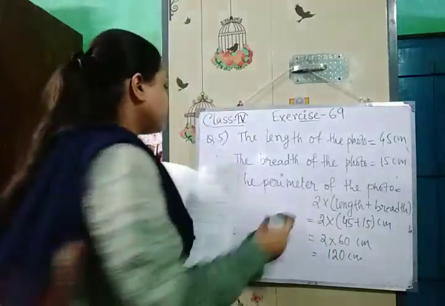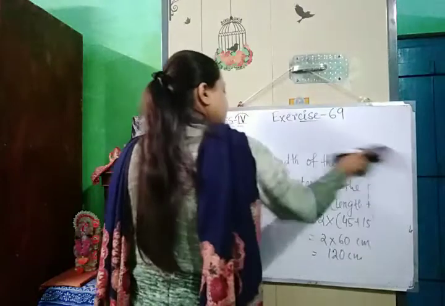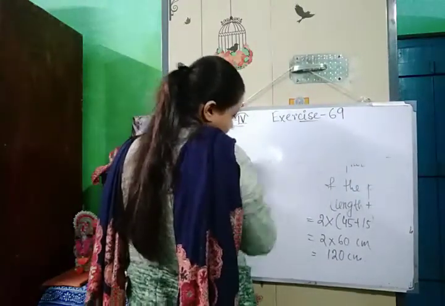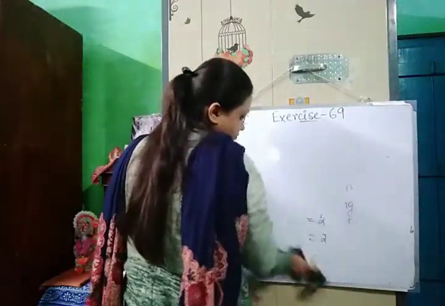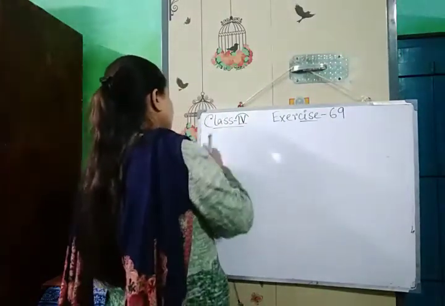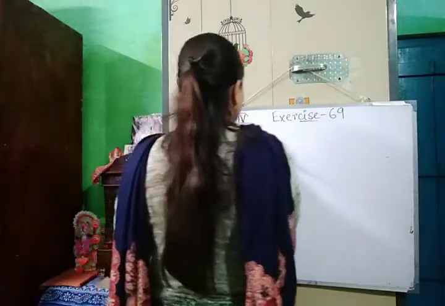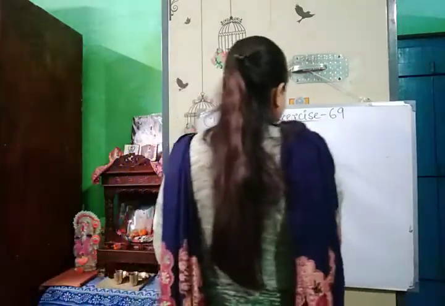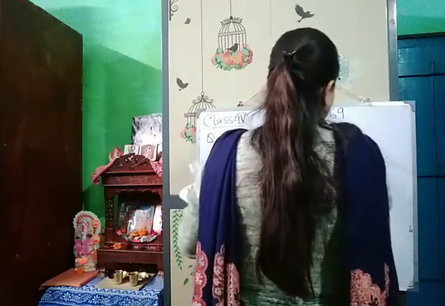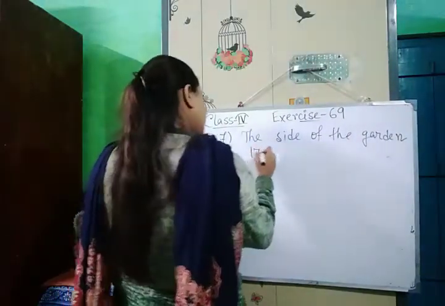Okay. So the side of the garden is equals to 172 meter.